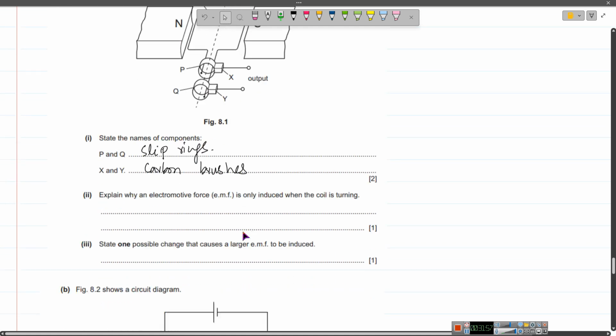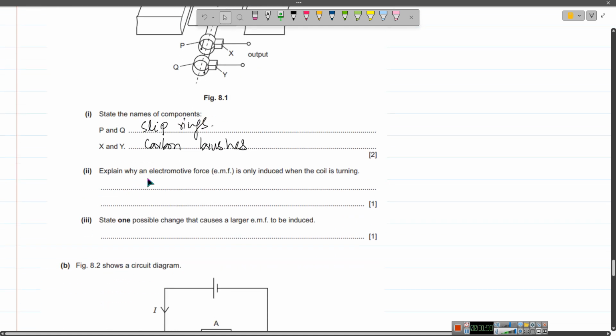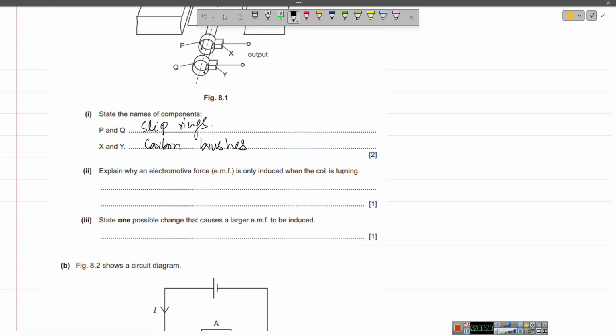Explain why an electromotive force is only induced when the coil is turning. Because due to motion there is a change in magnetic flux, right?